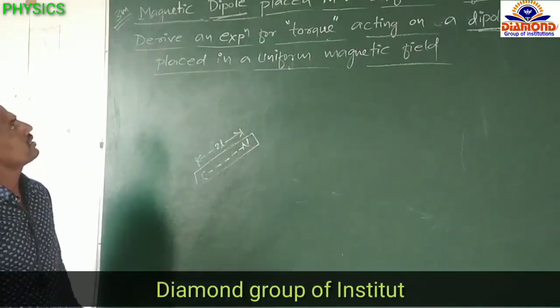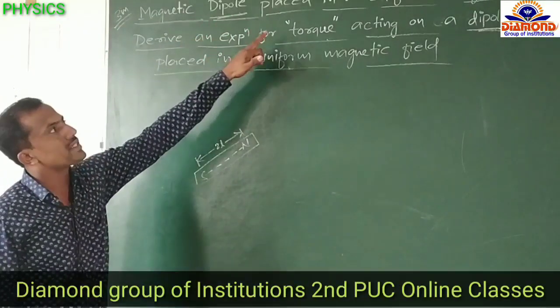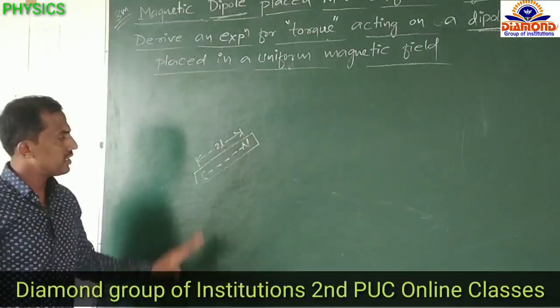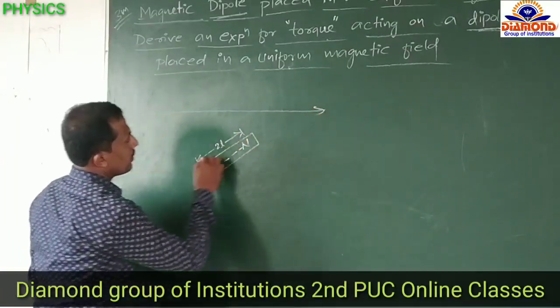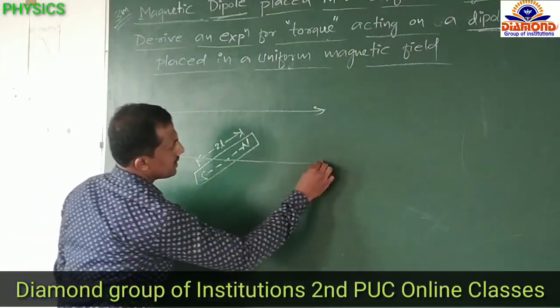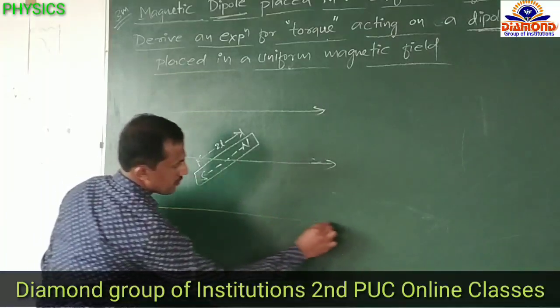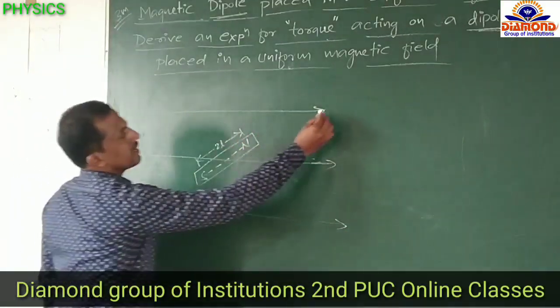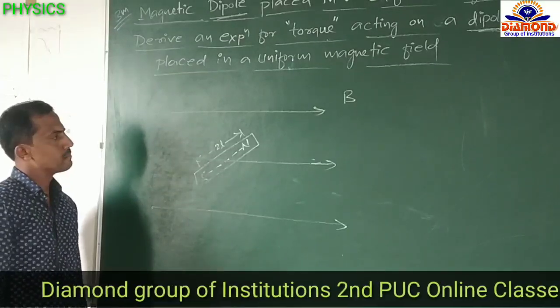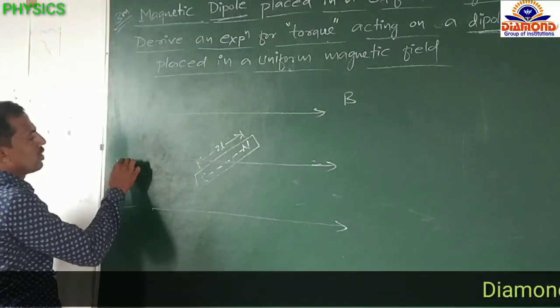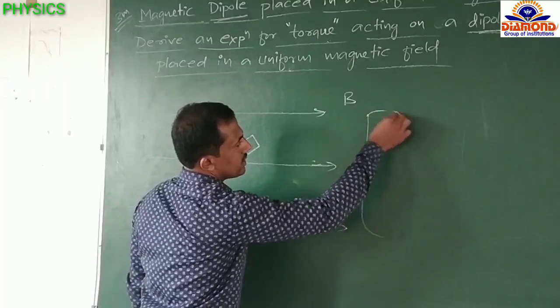Our topic is dipole placed in a uniform magnetic field. This dipole is placed in a uniform magnetic field. These are the magnetic field lines, and the magnetic field is denoted by B. For example, this one is the north pole, and this one is the south pole.